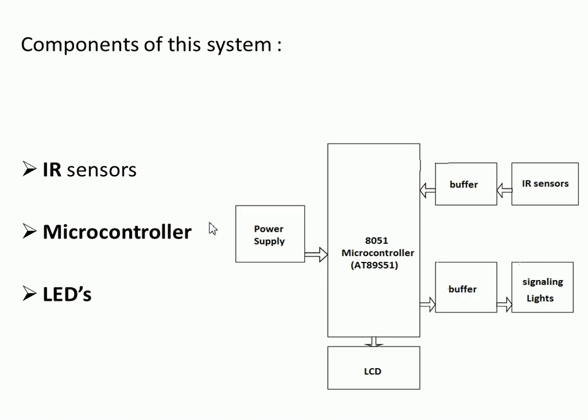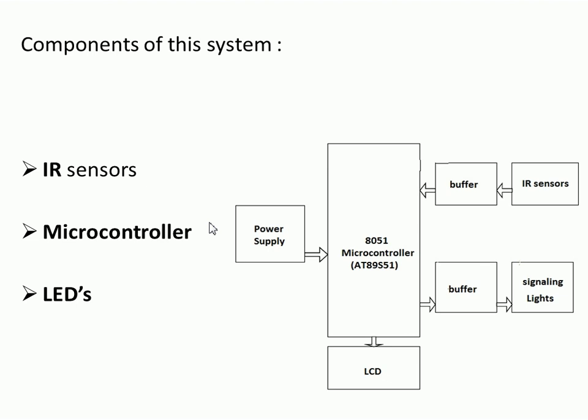Components of the system. Here we use IR sensors for sensing the density of the vehicles. IR sensor senses the density, whereas cameras do not sense the density. Cameras just capture the picture, whereas IR sensors count the density, and microcontrollers and LEDs.